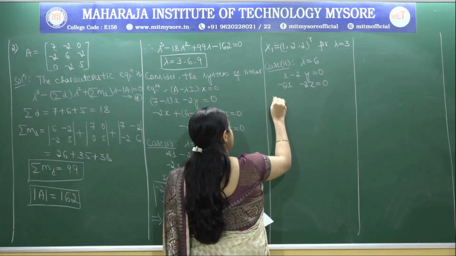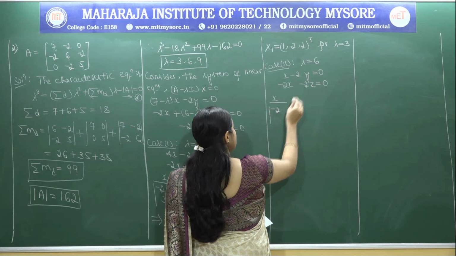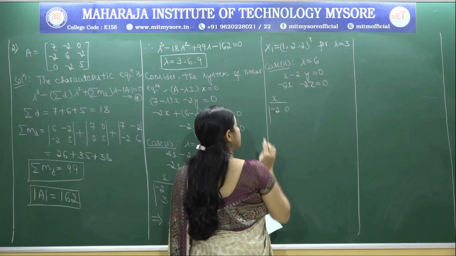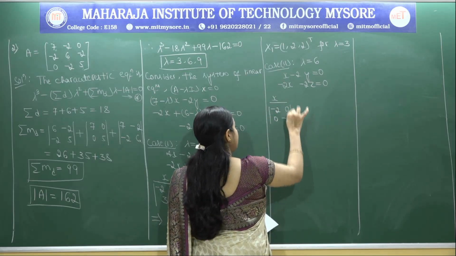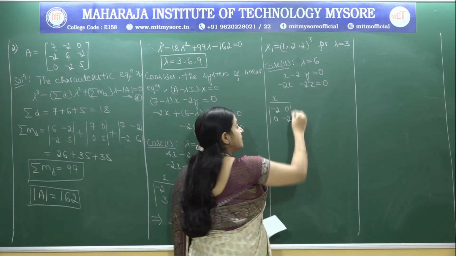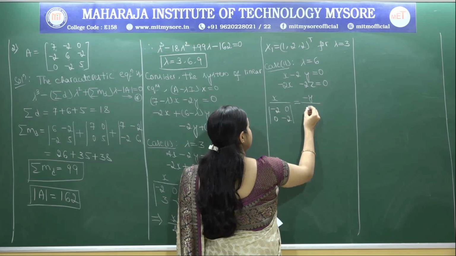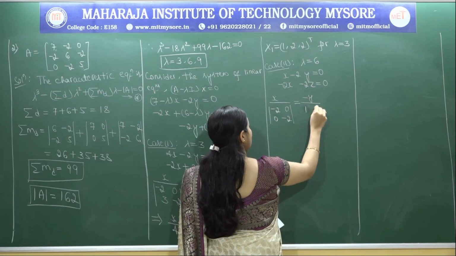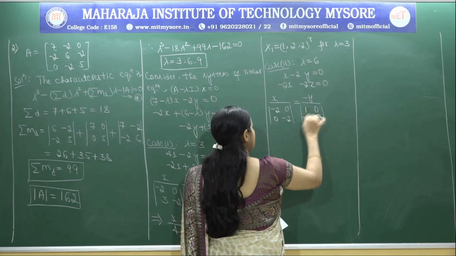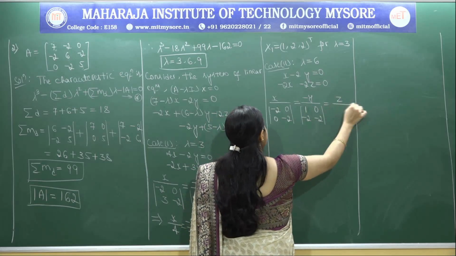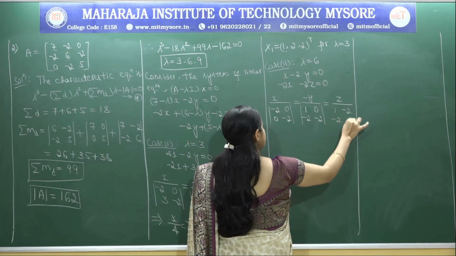So, x divided by, consider the y and z coefficients: -2 in the first equation, z coefficient 0; second equation, y coefficient 0, z coefficient -2. Similarly, the second term, minus y divided by, consider the x and z coefficients: 1, 0, -2 and -2. Third, z divided by, consider the x and y coefficients: -2 and 0.